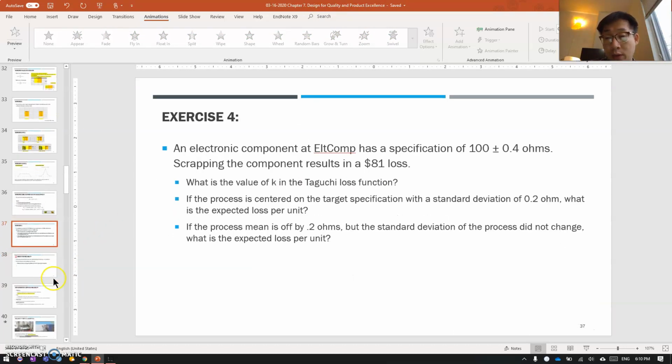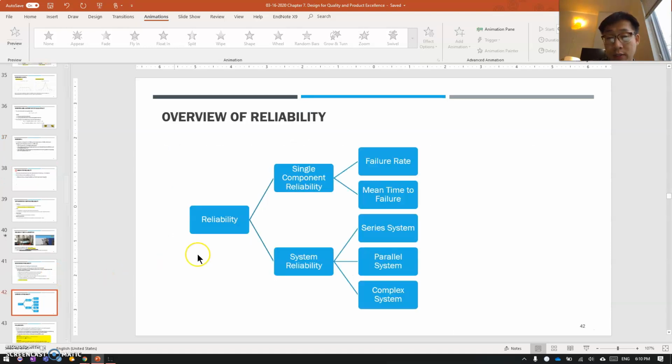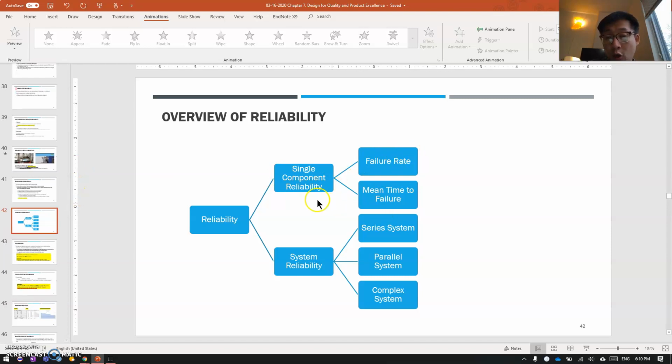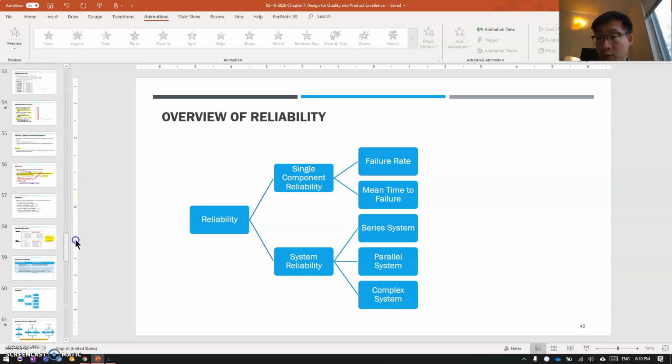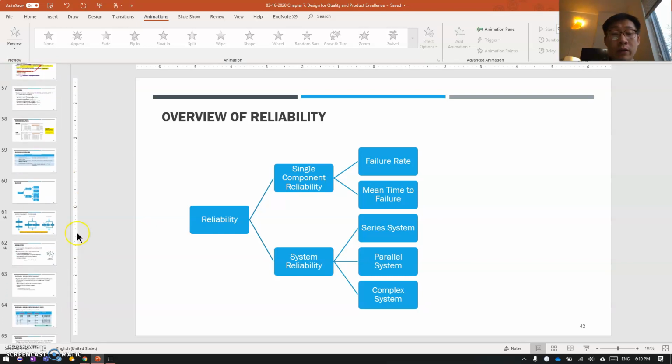And then we started to talk about reliability starting from last week. We looked at single component reliability. We are looking into system reliability today. We discussed all possible scenarios in here, which was a pretty thorough review and overview. We talked about the failure rate, exponential failure rate, mean time to fail, mean time between fail and things like that.